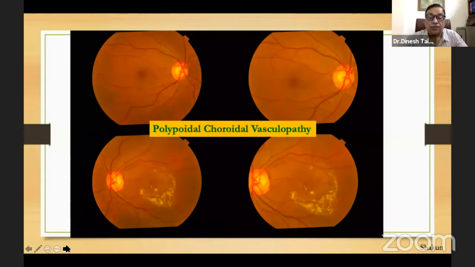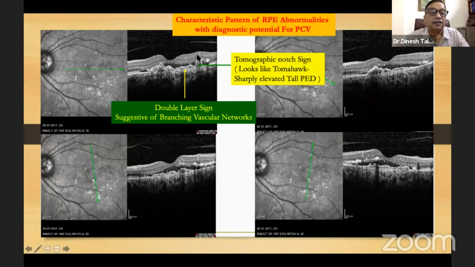Polypoidal choroidal vasculopathy, I said, is a variant of ARMD. And here, if you have a patient who has excessive exudation and a lot of hemorrhages, when you see a picture that looks like this, that means there are peaked PEDs, high PEDs. This is called a tomahawk sign, actually. This is because of the high PED with a shallow undulating PED adjacent to it.